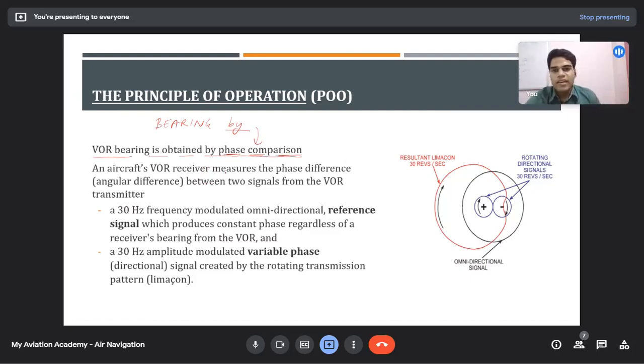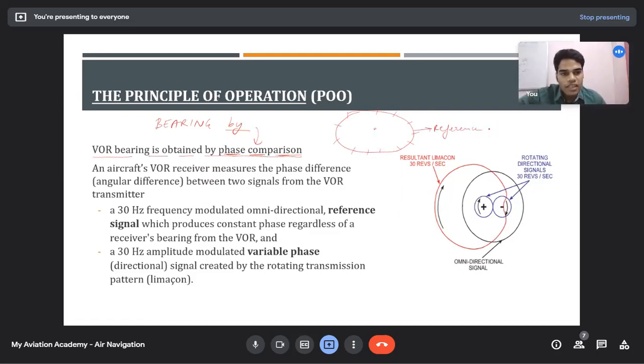Okay, I have not told you something which was not related to you at that moment, and now it is related. So what the actual VOR is doing, okay, VOR, if you see the first diagram, there are a number of aerials present. What is happening is this is known as the reference wave.